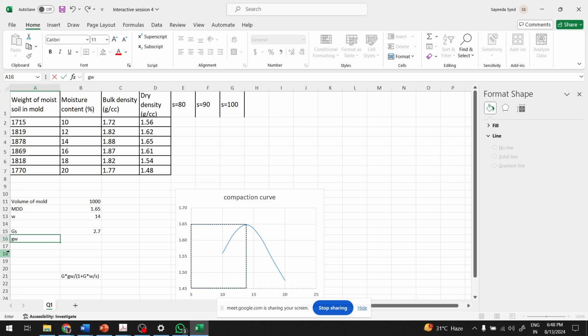If it was in kilonewton per meter cube, you would have taken 1000.